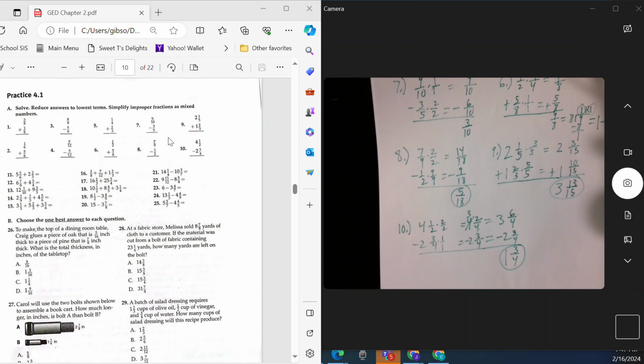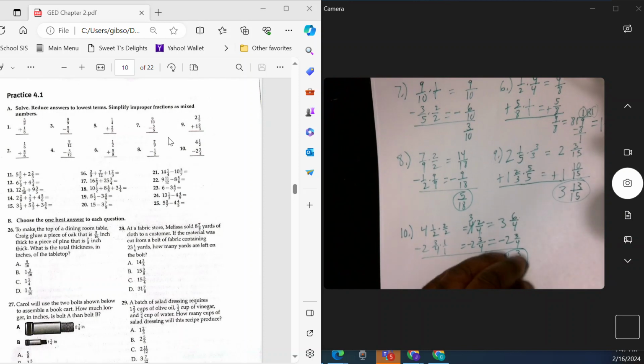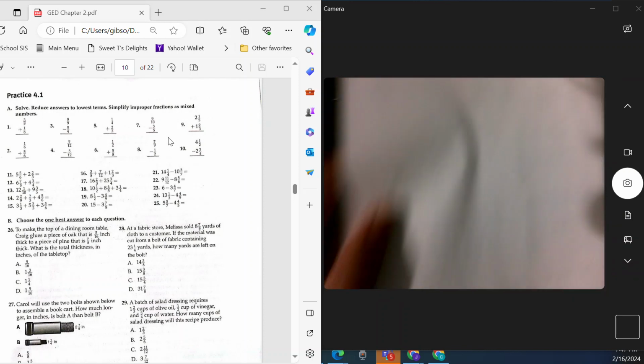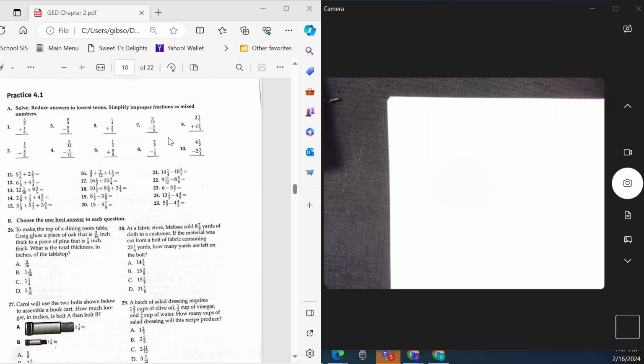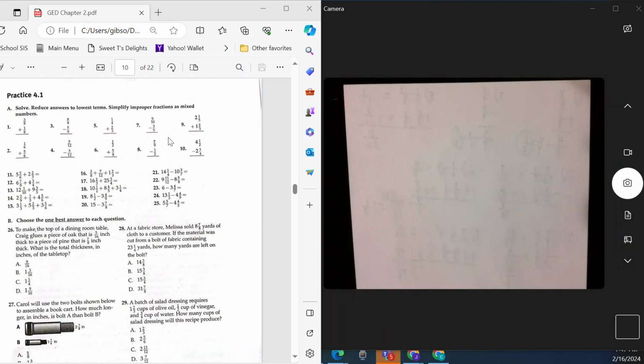Now, it's not much more that we need to go over here. It's maybe 2 more problems that we need to go over from problems 11 to 25. And the first one we'll go over is those mixed numbers that have 3 of them.